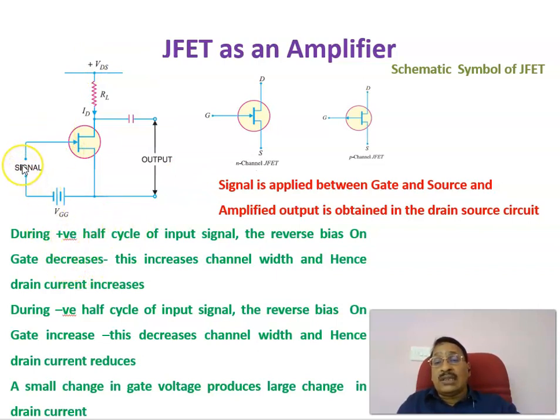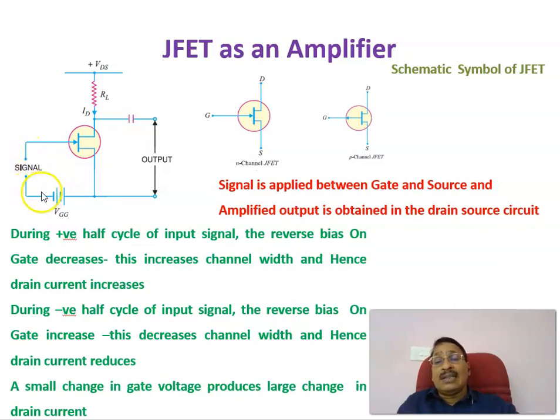During the positive half cycle of the input signal, the reverse biasing on the gate decreases, because it is already reverse biased due to the negative voltage. When the reverse biasing is reduced, the channel width increases, and hence the drain current increases. That is what happens during the positive half cycle.